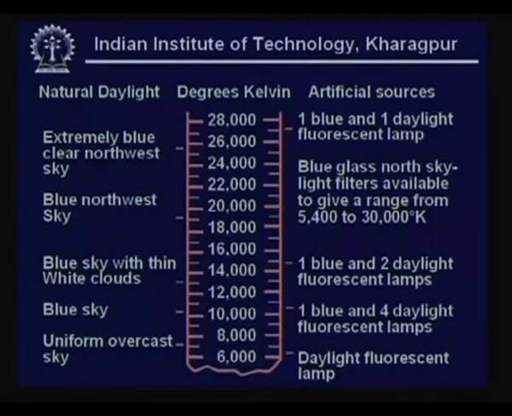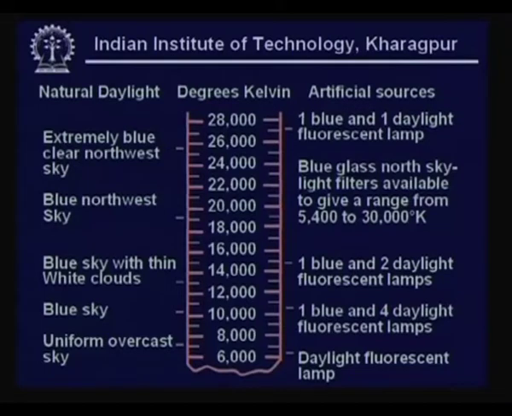Here on the right hand side you should observe that a single source is not mentioned; a combination of sources is shown. As may be seen, in order to get radiation in the zone 22,000 to 28,000 degree Kelvin color temperature, we have to combine more than one source or use certain filters.